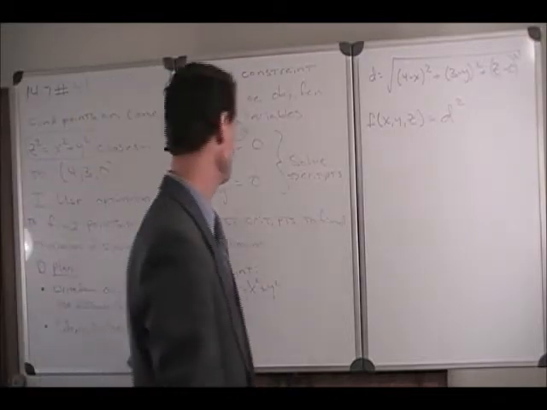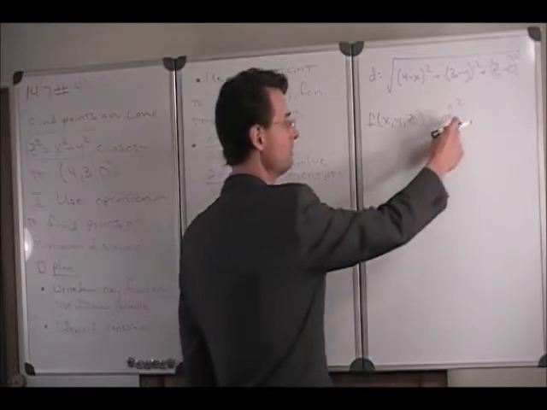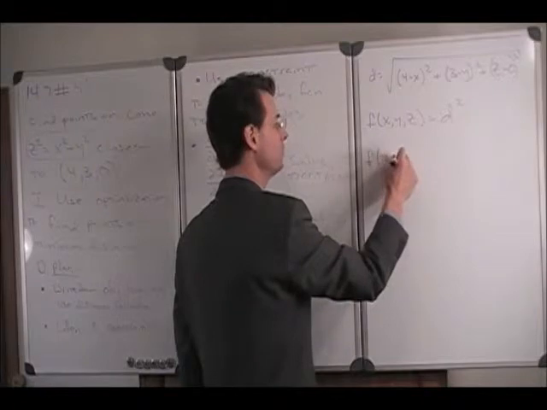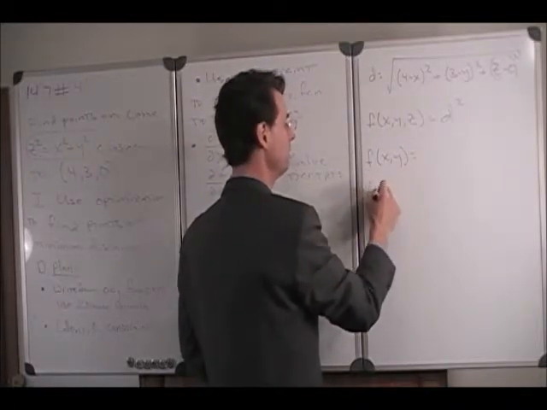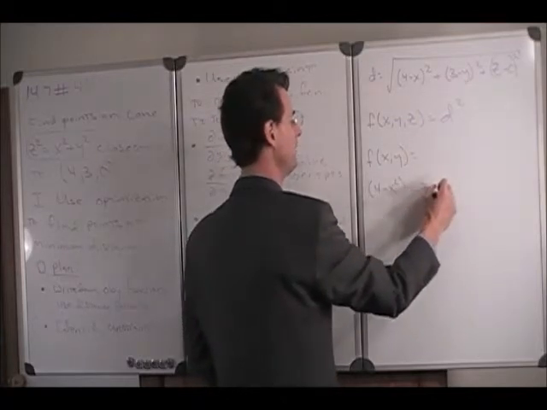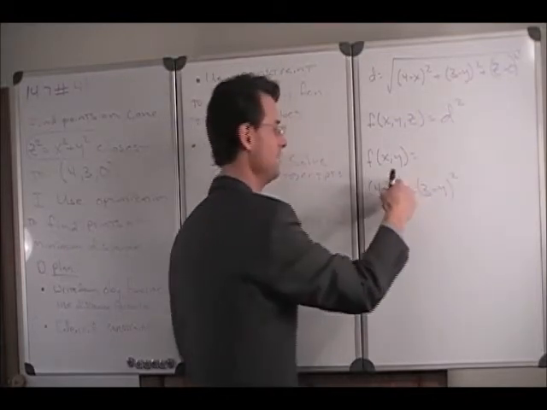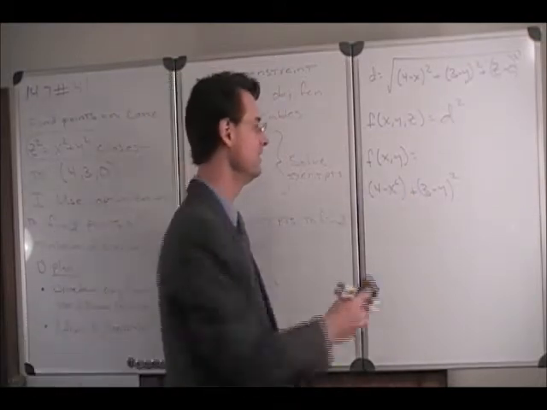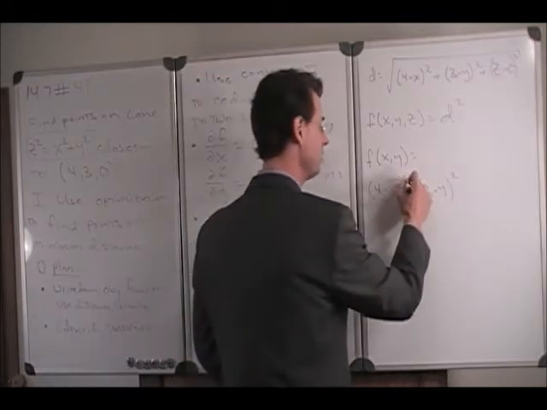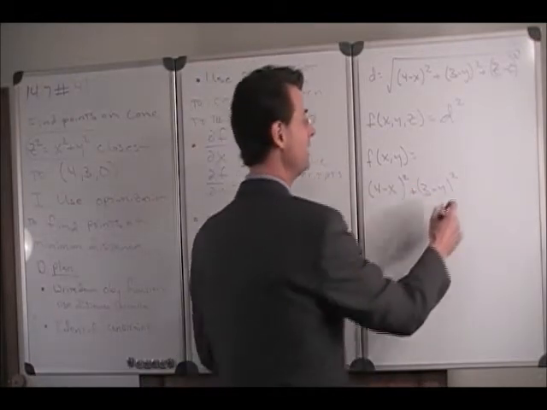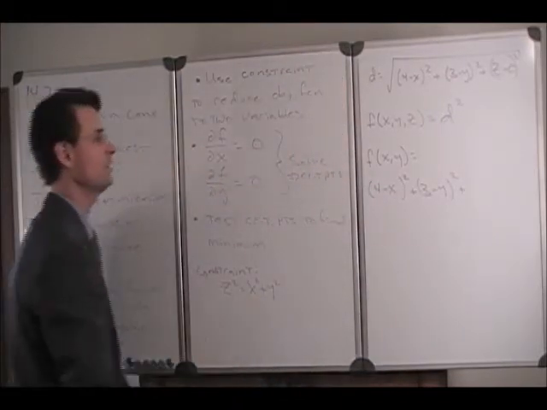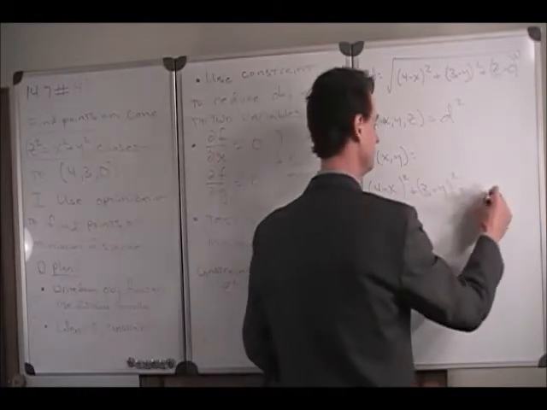So we can substitute in z squared here and now write f of x, y as (4 minus x) squared plus (3 minus y) squared. You have to be careful, those squares have a way of jumping from the outside to the inside of the parentheses, and that's a whole monkey wrench into the works. Now the z squared, we substitute in z squared equals x squared plus y squared.